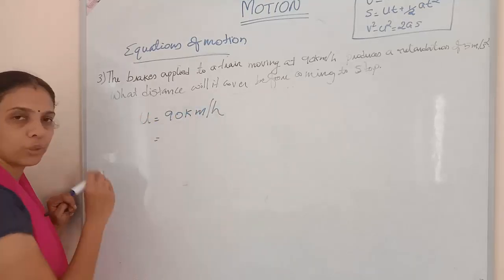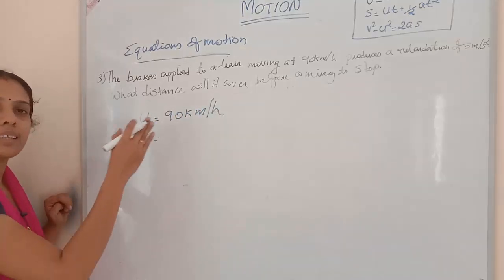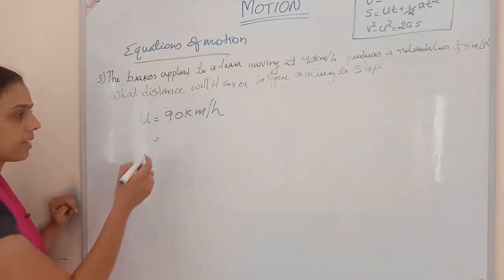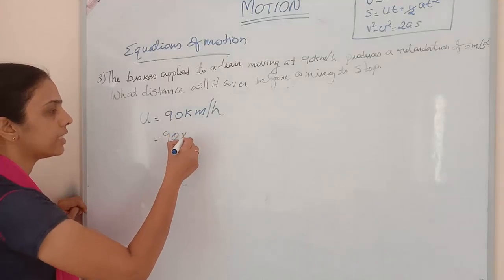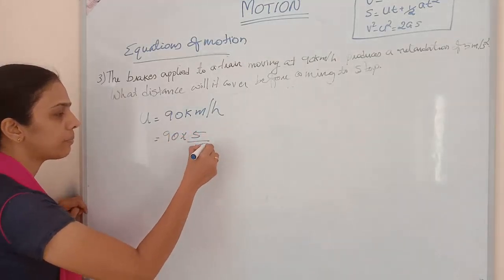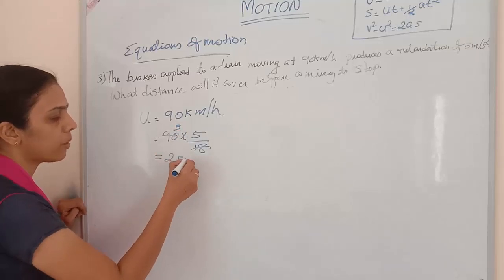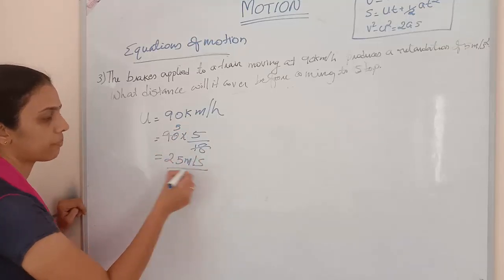As I told you in the previous one, better we convert all units into SI units itself. So it is 90 into 5 by 18. So here 5 5s are 25 meter per second.